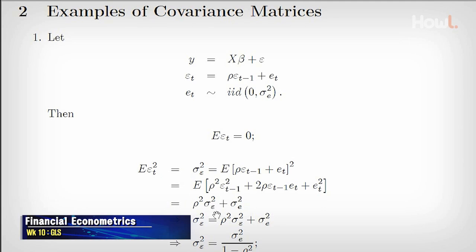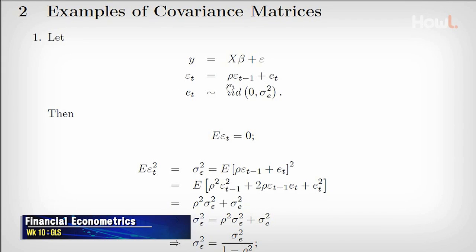So actually the variance of epsilon should be equal to rho squared times the variance of epsilon, plus the variance of the white noise. Therefore, we can solve this equation such that the variance of epsilon would be the variance of the white noise part over 1 minus rho squared. Oh, by the way, this error is called white noise.